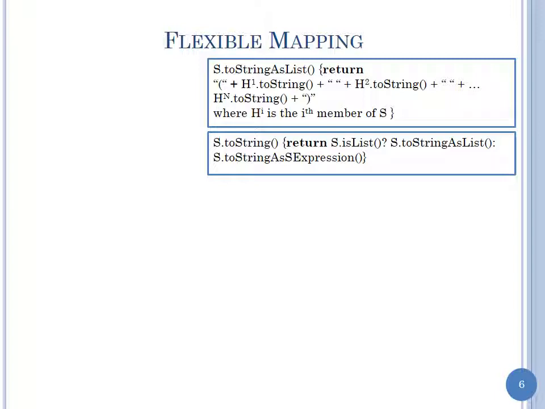If it's a list, we'll print it as a list. If it's not a list, we'll print it as an S-expression. So now I've got two additional methods: toString as list, and toString, which is doing one thing or the other, and toString as S-expression. And what is the difference between toString as S-expression and toString as S-expression deep?